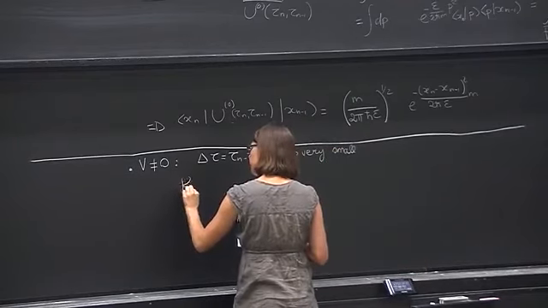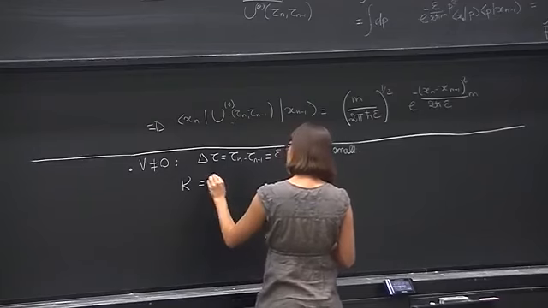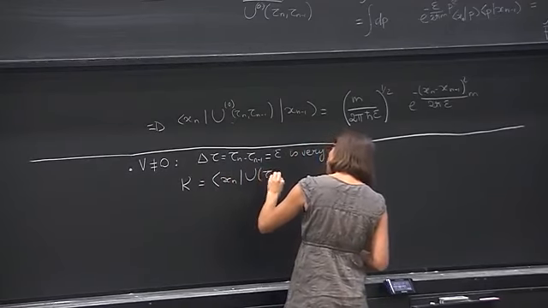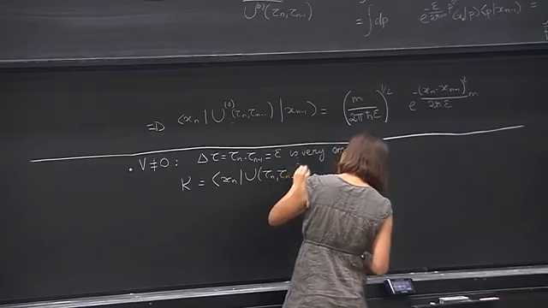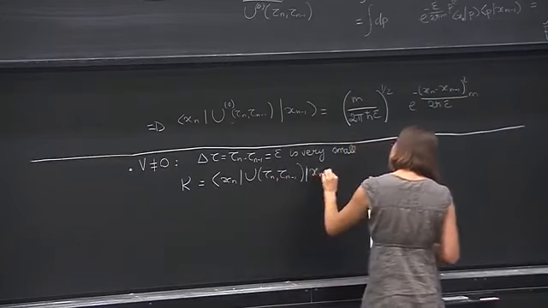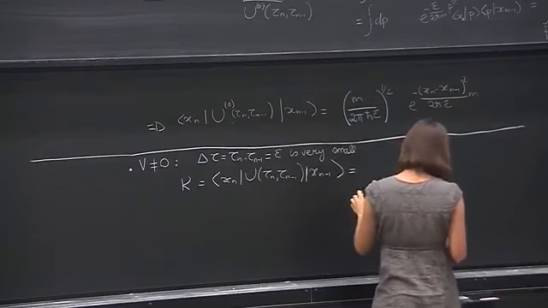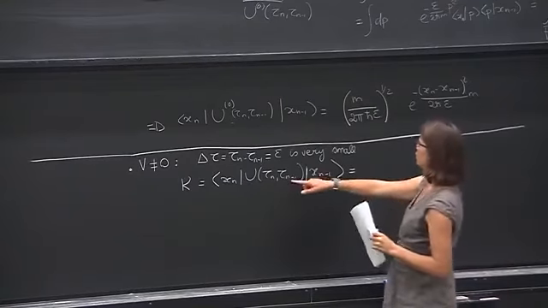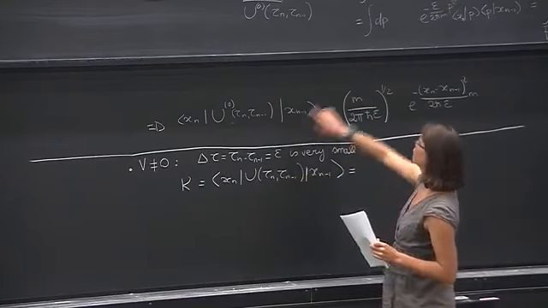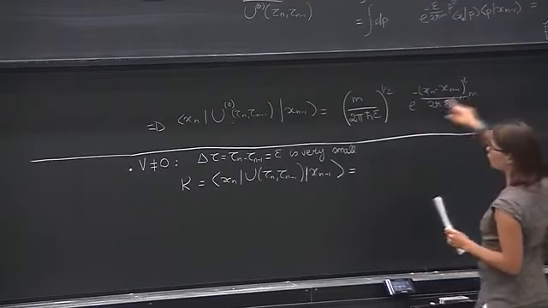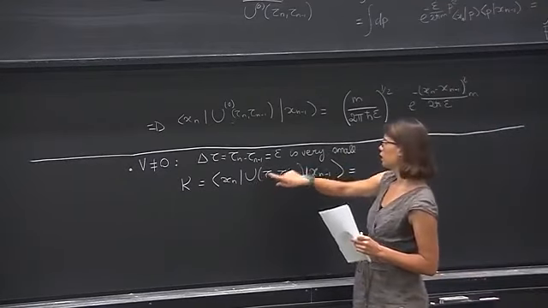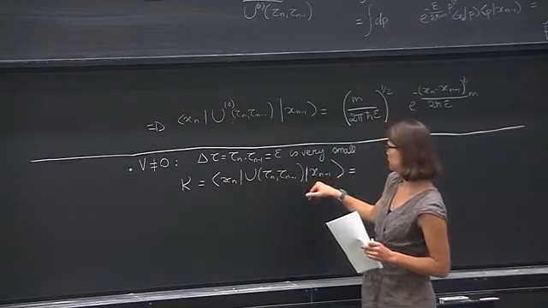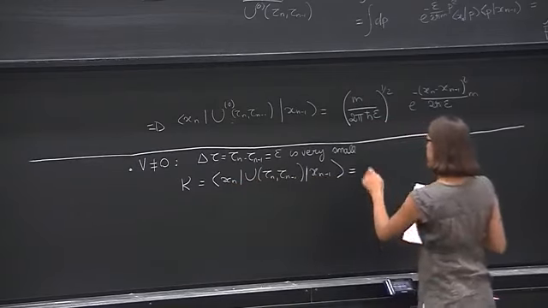So we can expand this k, which is given by xn. So this is an exponential of h. The first term is going to be the identity. So the identity, then it's xn with xn minus 1. So this is just a delta function.